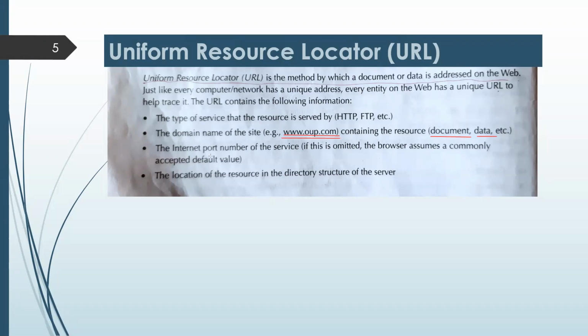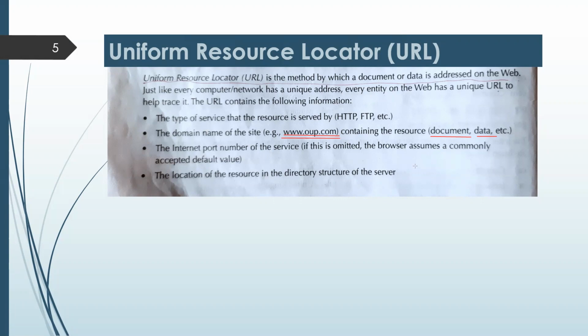Next, the internet port number of the service. If this is omitted, the browser assumes a commonly accepted default value. Port number means, here you see www.op.com, and after that it will be shown.